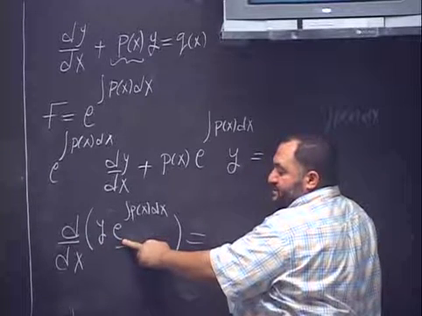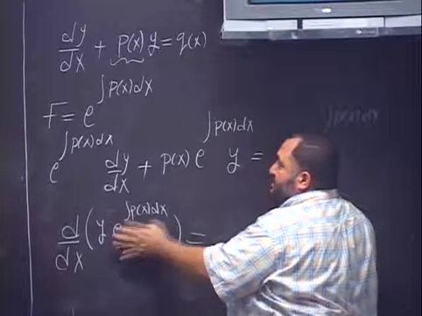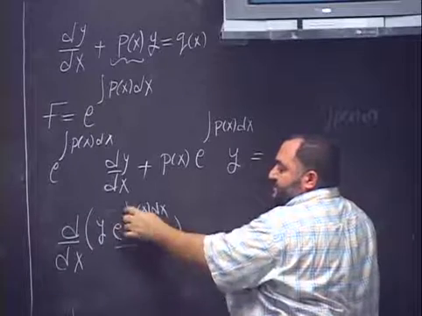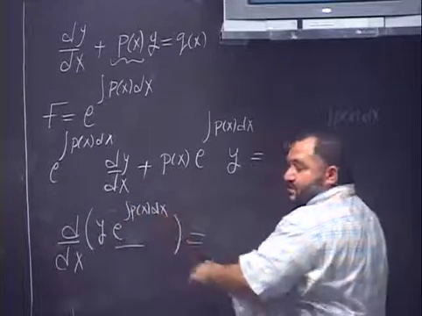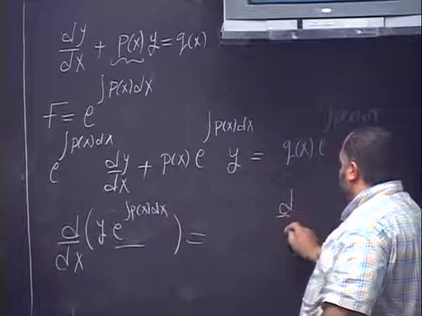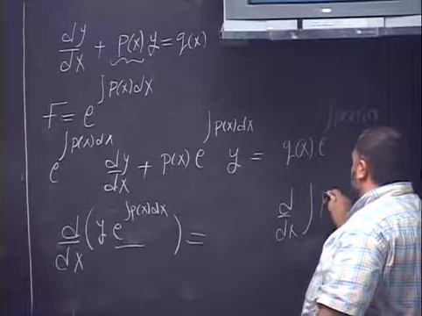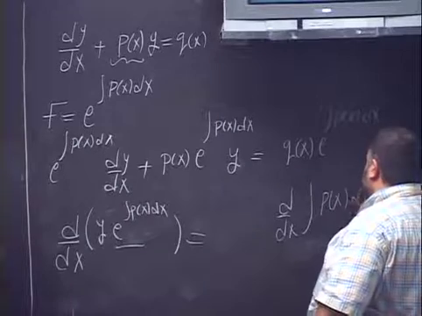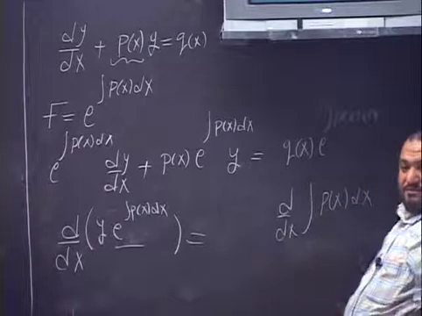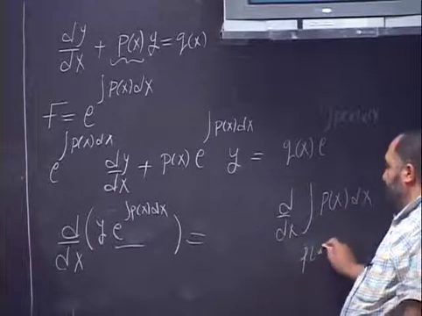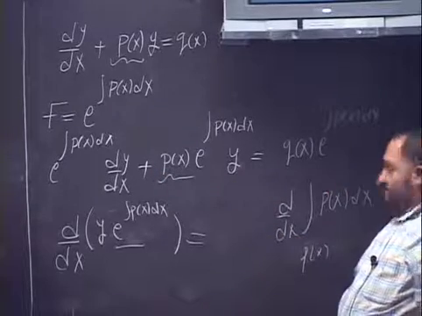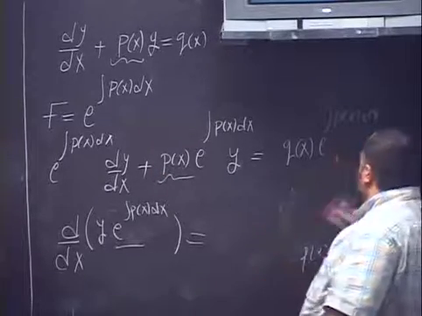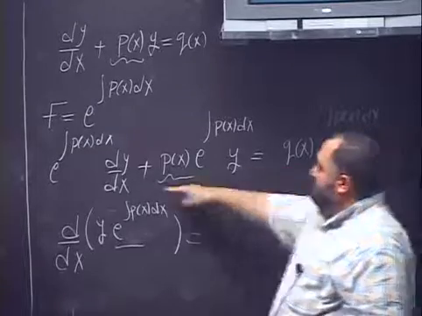The differentiation of the first is the same function multiplied by the differentiation of the integral of p of x dx. What's the differentiation of the integral of p of x dx? It is p of x, which is this term. Yes, guys? So what we did is we transformed this to be what?